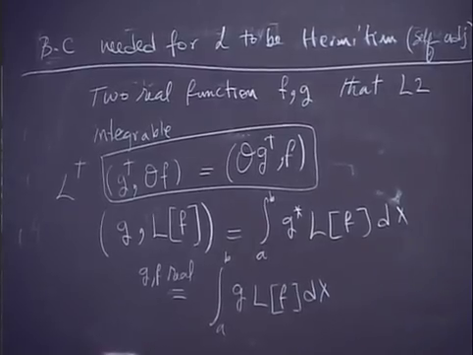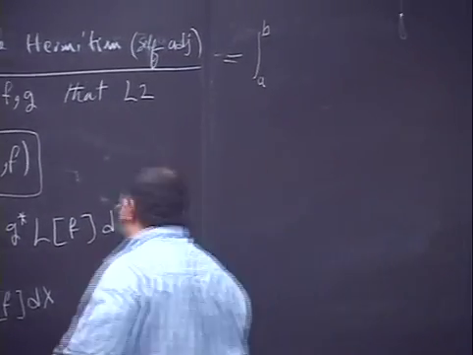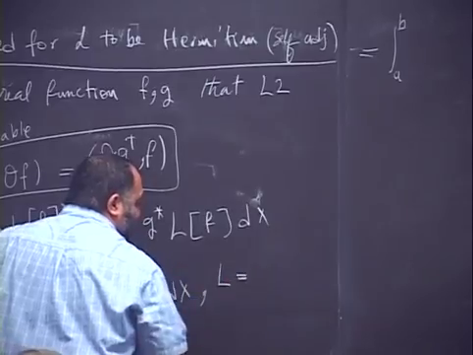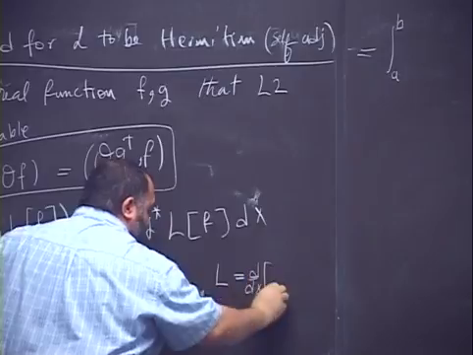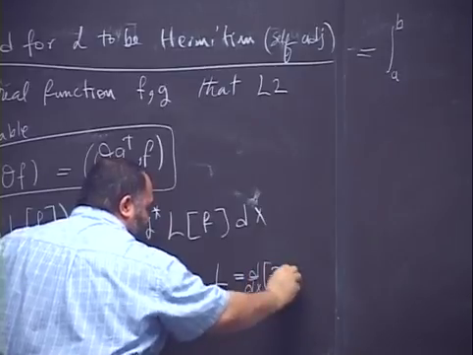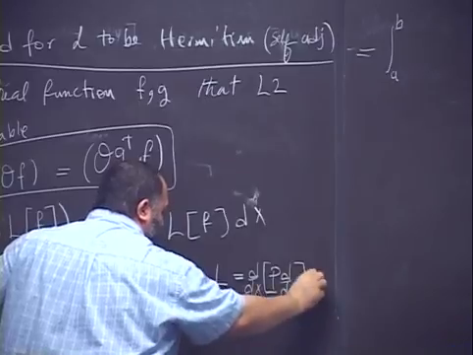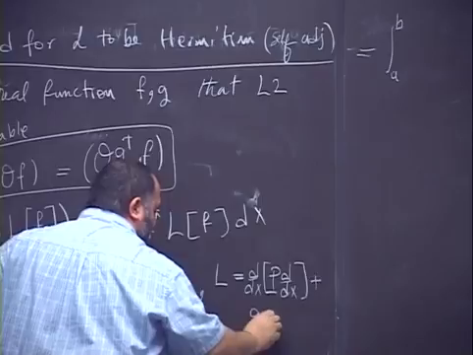Before we do the integration by parts, let's write L. So what's L? d by dx multiplied by p multiplied by d by dx, plus q of x.